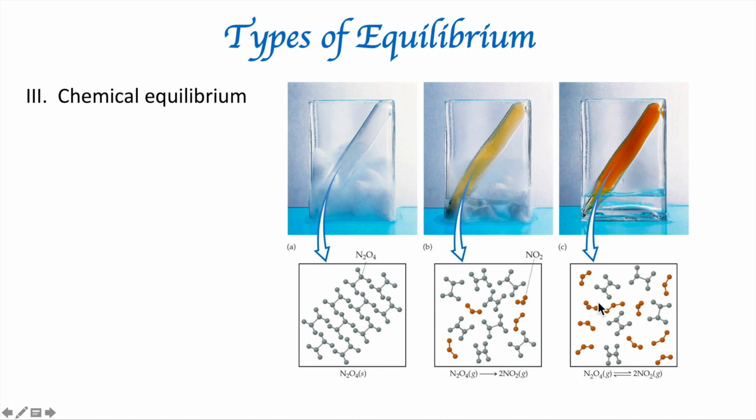Two NO2s can bond back together to make N2O4, but as soon as that happens, another N2O4 would split apart to make NO2. So it always maintains a fixed number of NO2s and N2O4s at a specific temperature, and that's something used quite a bit in chemistry.